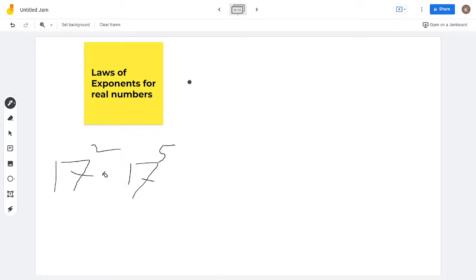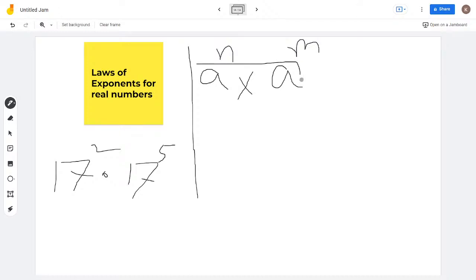We have some examples to follow the tricks, and we have some laws. If you have a number a to the power n, where a is a number and n is its power, and you need to multiply it with another number a with power m, the numbers are the same but the powers are different, right?